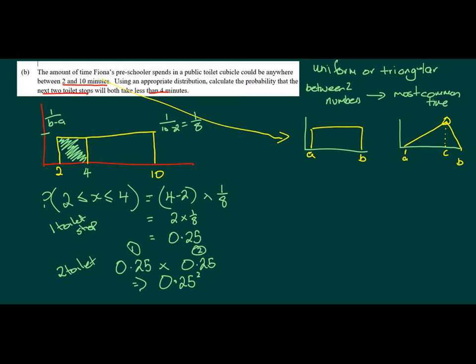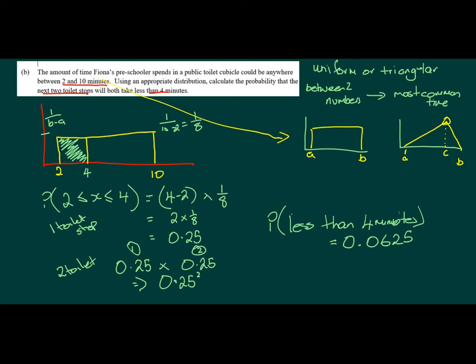So therefore the answer to our probability statement of being less than 4 minutes is equal to 0.0625, because that's 0.25 squared.